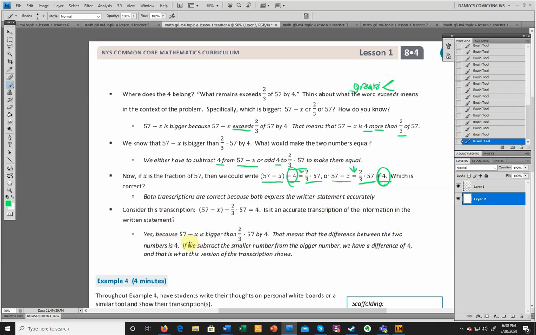Yes, because 57 minus x is bigger than 2/3 times 57 by 4. That means that the difference between the two numbers is 4. If we subtract the smaller number from the bigger number, we have a difference of 4. And that is what this version of the transcription shows.